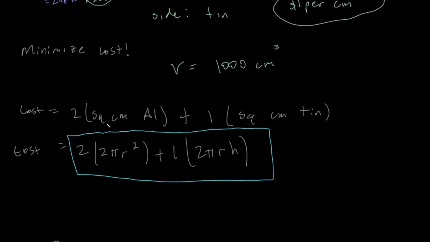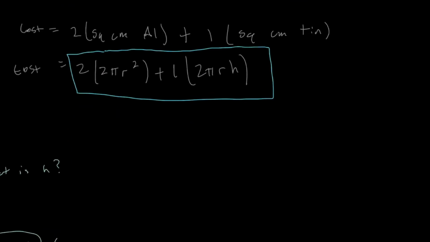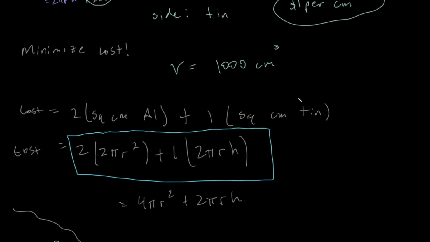So we want to minimize this. Let's go ahead and simplify a little bit. So I get 4 pi r squared plus 2 pi r h. Well, I'm going to want h in terms of r. So let's go back up to the volume. So volume is going to be 1,000 cubic centimeters, and that is pi r squared times h. So if I want h in terms of r, I just want to solve this formula for h.